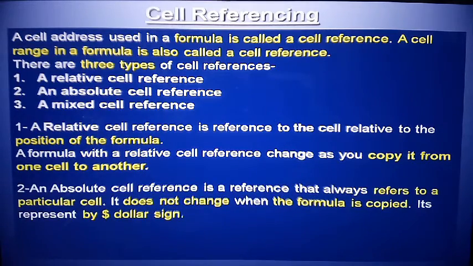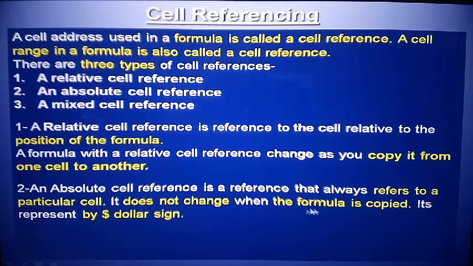After that, absolute. Absolute means accurate. An absolute cell reference is a reference that always points to a particular cell. It means a specific cell. It does not change when the formula is copied.